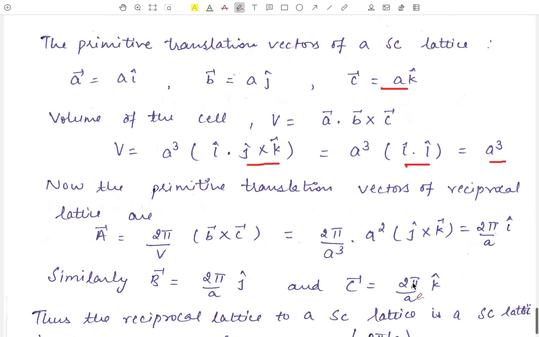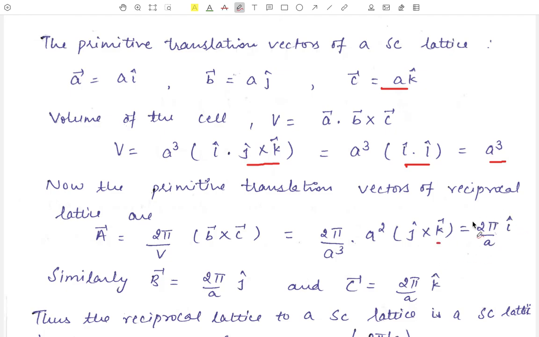Now we can calculate the primitive translation vectors of the reciprocal lattice from here. Capital A vector will be equal to 2 pi upon V, the volume of the cell, into b cross c vector. Using the value of V from here, a cube, we get 2 pi upon a cube into b cross c, that is a j cross a k, a square taken outside and we get j cross k, and j cross k is equal to what? i.